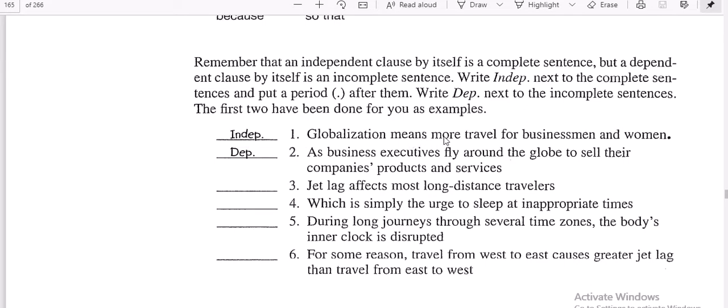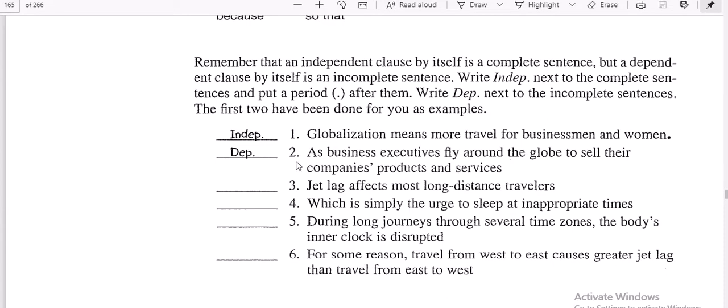Globalization means more travel for businessmen and women. Globalization is the subject, means is the verb, and here in the beginning of this sentence there is no subordinator, so this clause or this sentence is what?